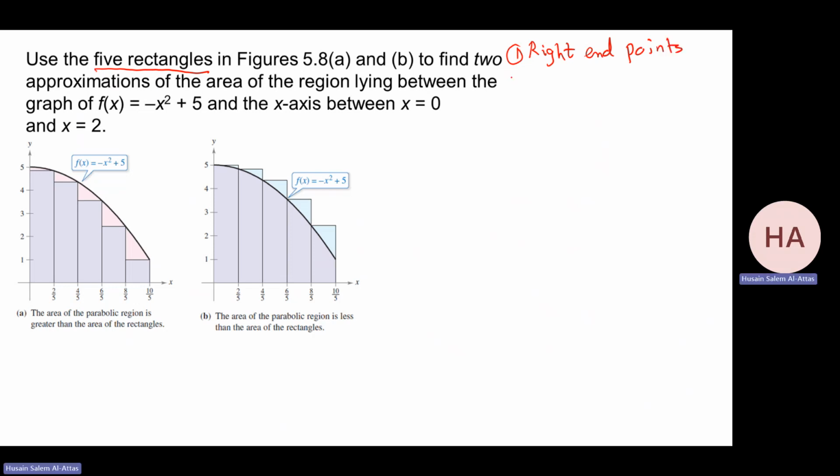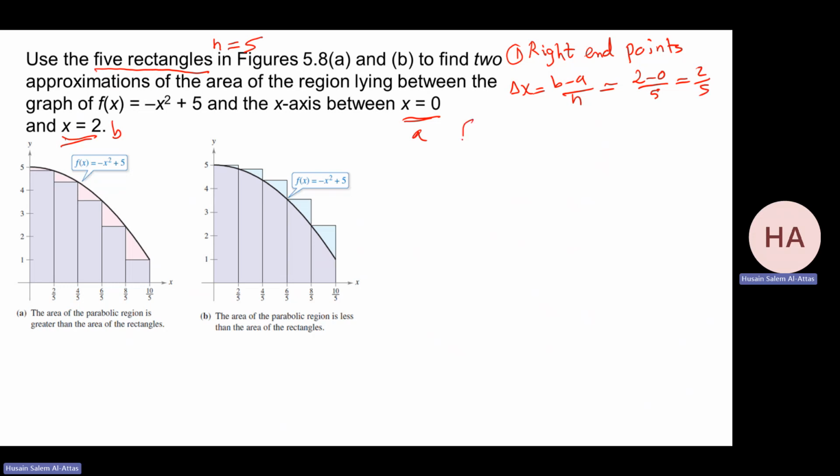Do the same. What will be delta x? B minus A over N. This is A and this is B, so it will be 2 minus 0. N is 5, since I need 5 rectangles, over 5. So that will be 2/5.